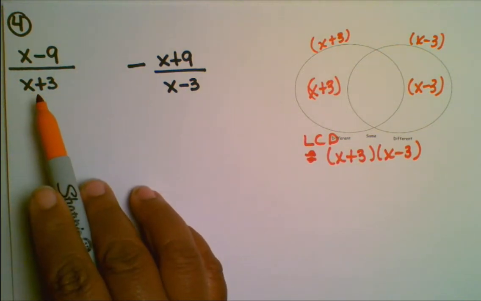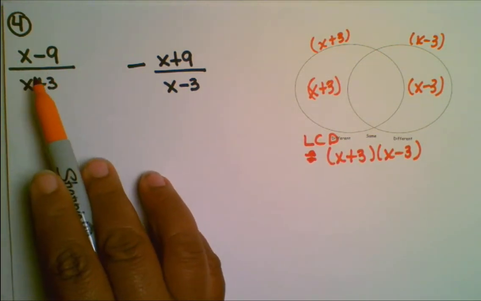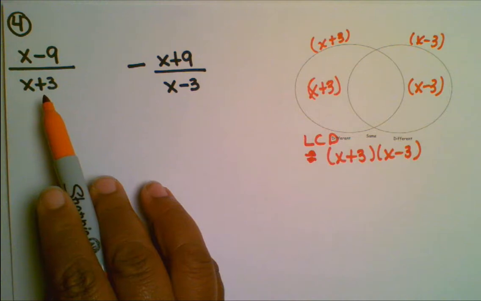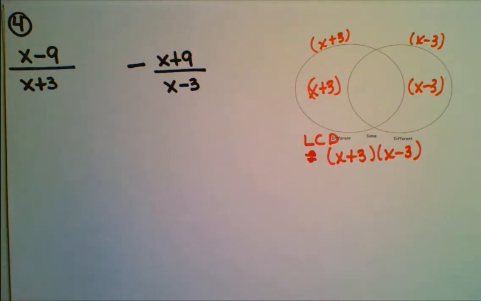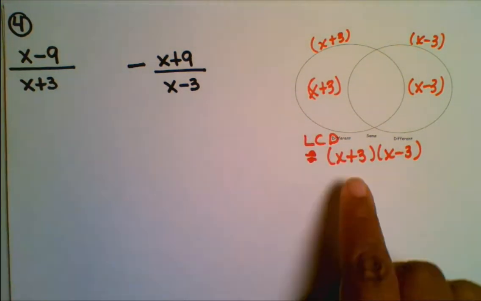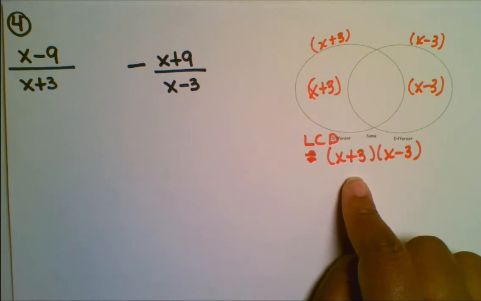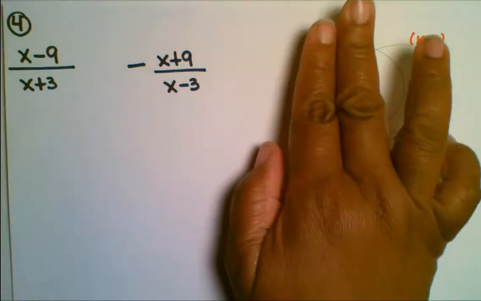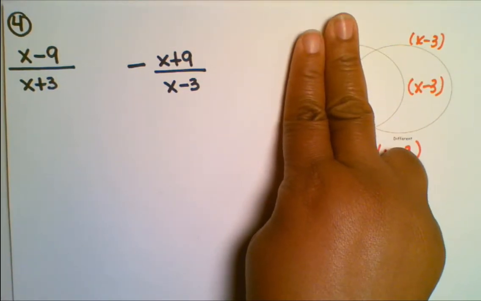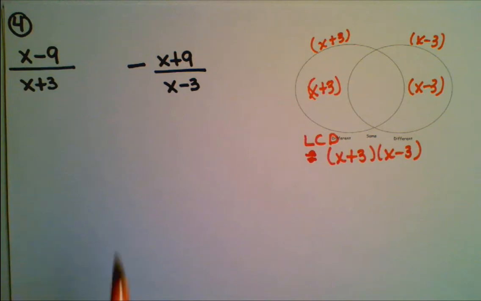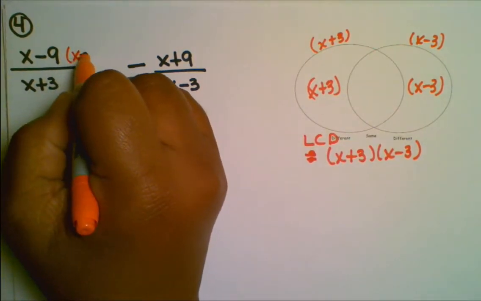So our goal is to get those denominators to be the same. So let's look at the first fraction, x minus 9 over x plus 3. Well, what must we multiply the first fraction by so it becomes the LCD? Look at your denominator. Cover up the x plus 3 in the Venn diagram and it tells you what you're going to multiply by, which is x minus 3.